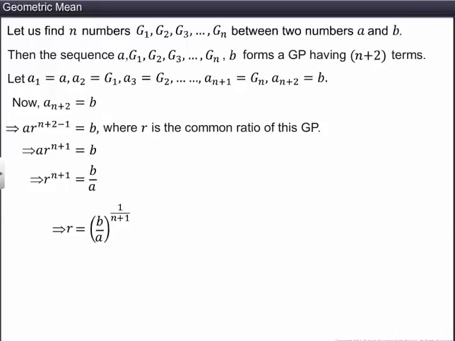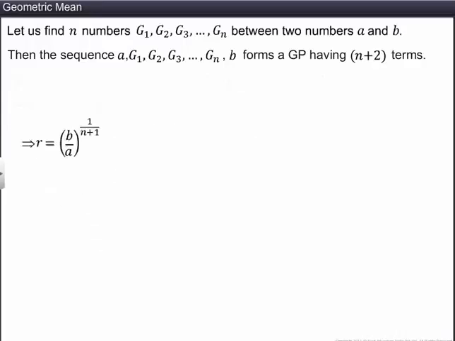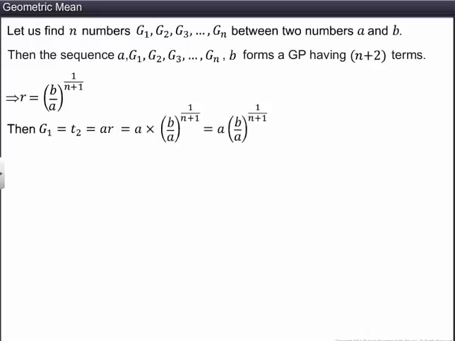Now, let us find the numbers g1, g2, g3 and so on one by one. g1 is the second term, which is given by a into r. Substituting the value of r, we get a into b upon a whole raised to the power of 1 upon n plus 1. g2 is the third term, which is given by a into r square. Substituting the value of r, we get a into b upon a whole raised to the power of 2 upon n plus 1.